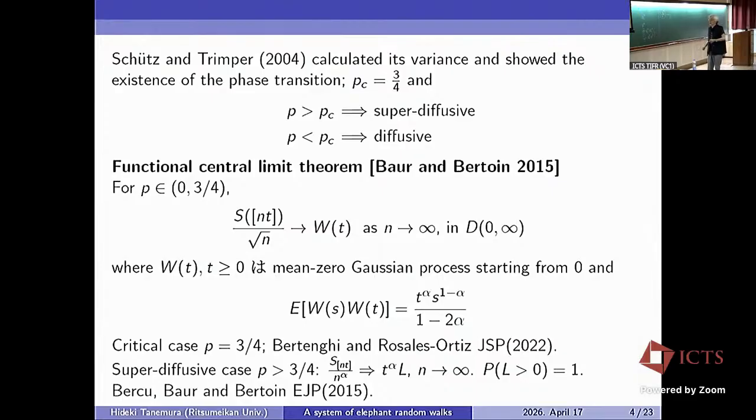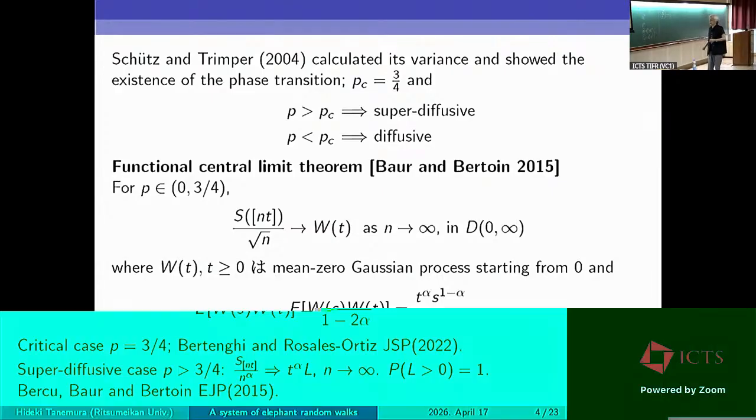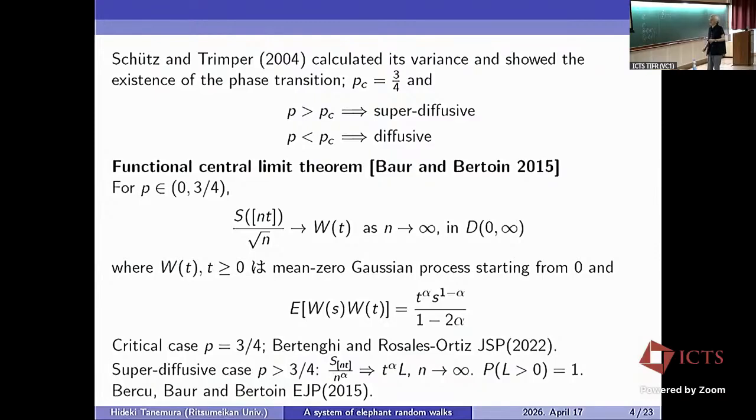But this L is a non-Gaussian process, and we know that J proved that L is positive with probability 1, and L also has a density. But we don't know the exact distribution of that. They calculate some moments for each n.